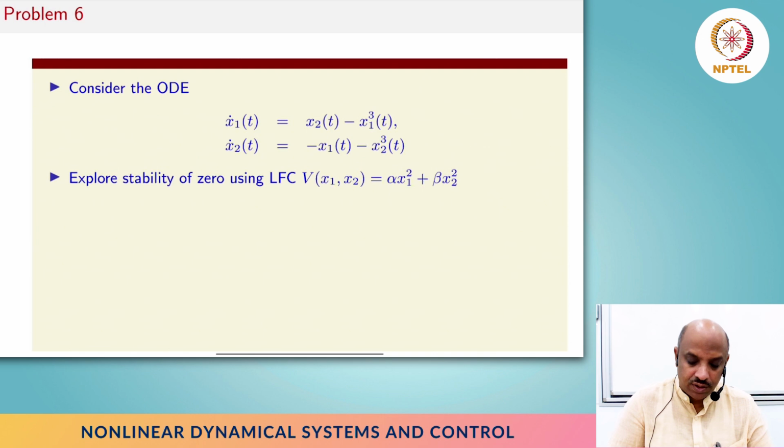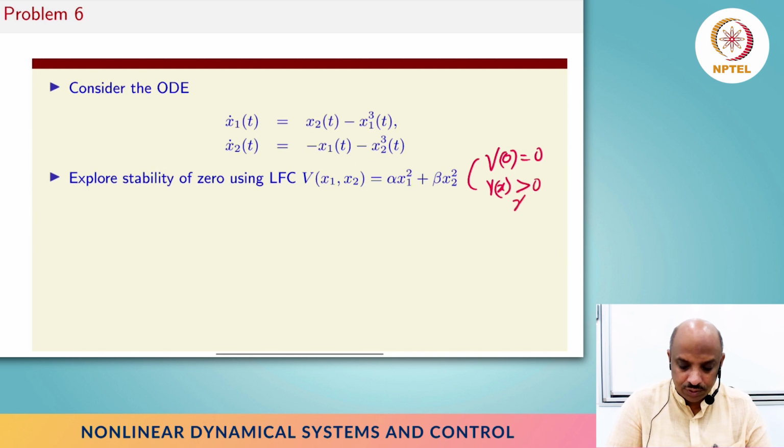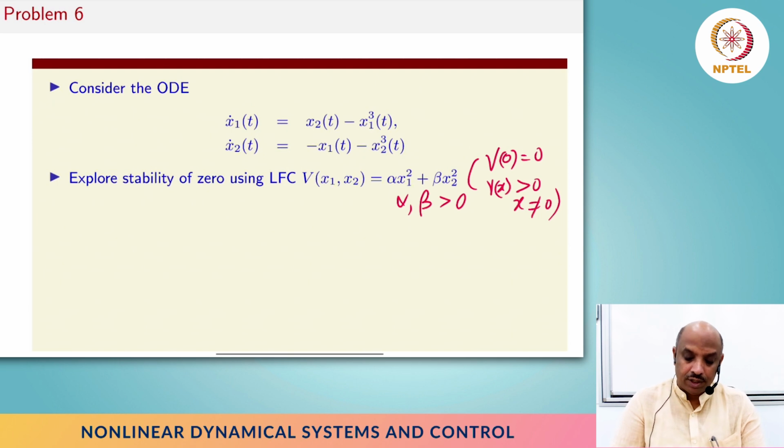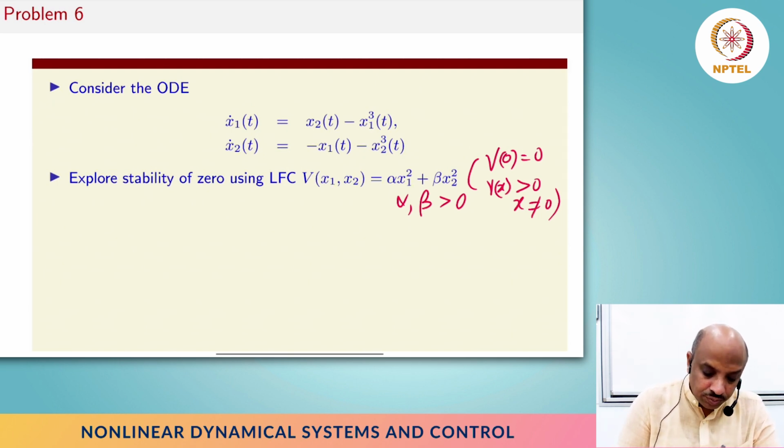So clearly this V of 0 is 0 and V of x is positive for non-zero x. So that much is there, right? More importantly, we can even conclude that for all positive beta and alpha, the basic condition of exponential stability is also going to be satisfied. So let's therefore compute V dot.